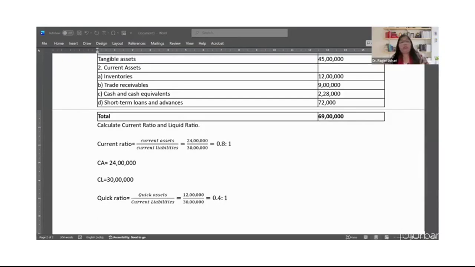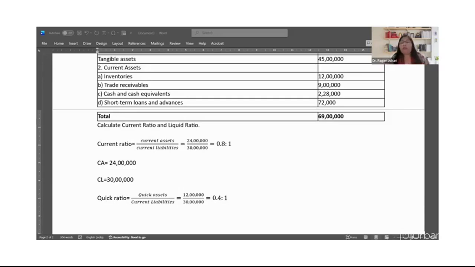Now we talk about the solvency ratios. Okay. So in solvency ratios, we have debt equity ratio. Then apart from this, we have proprietary ratio.